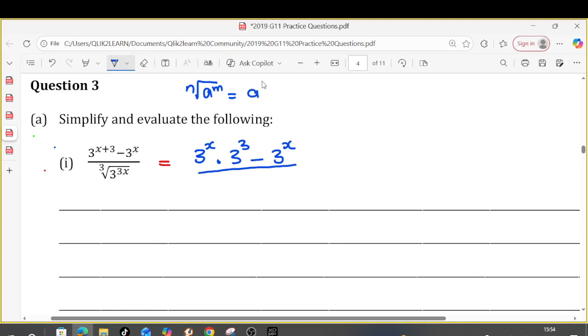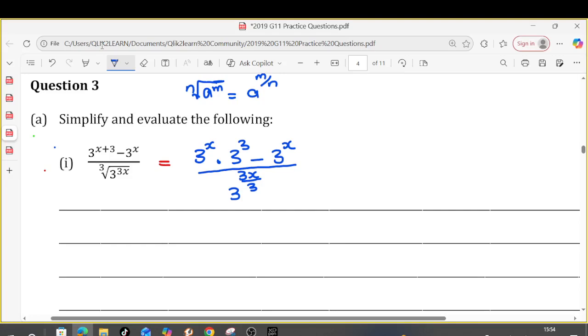So let us quickly do it. Whatever exponent you have inside the square root becomes the numerator. You divide by whatever exponent you have outside the square root. So what I'm trying to say is that the bottom part, we can write it as 3. Whatever is inside the square root becomes the top. You divide with whatever is outside the square root.